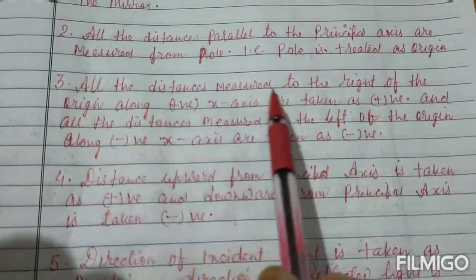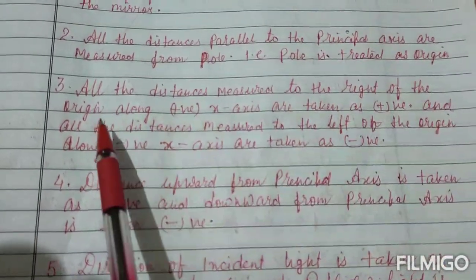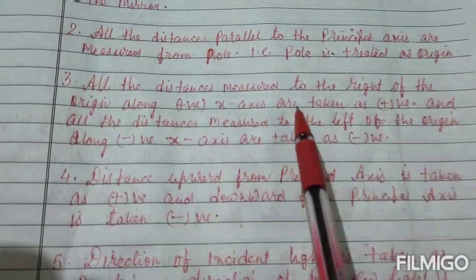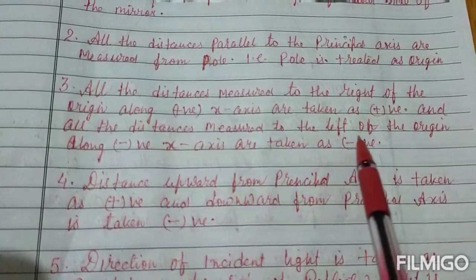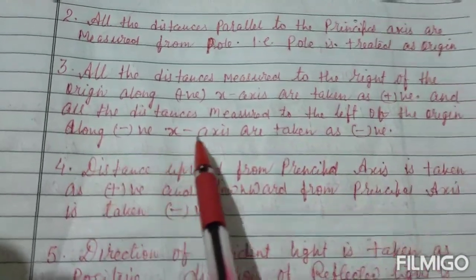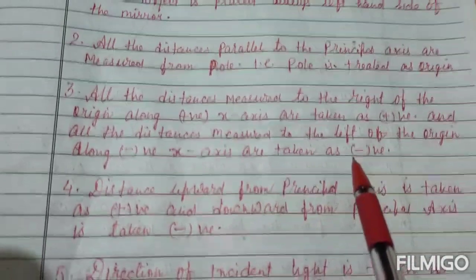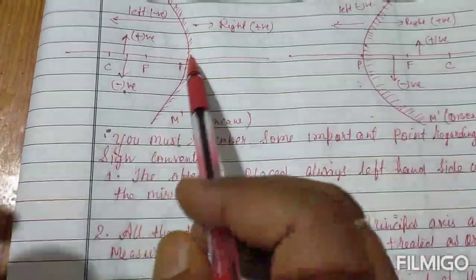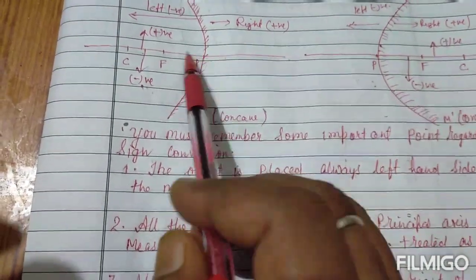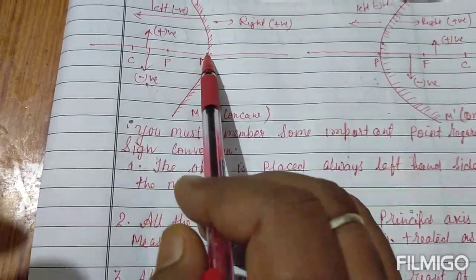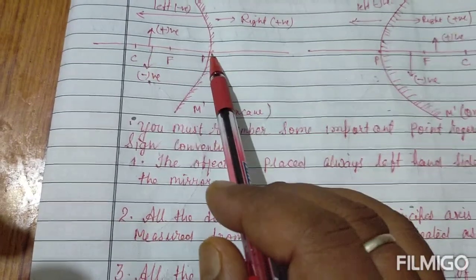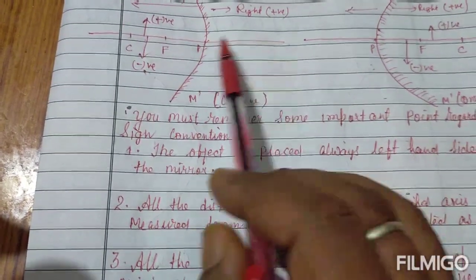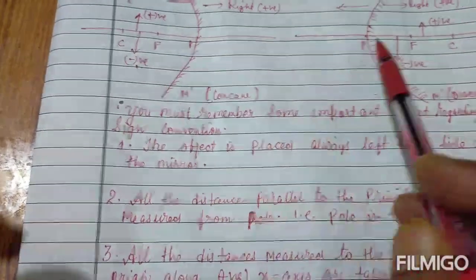All the distances measured to the right of the origin along the positive x-axis are taken as positive, and all the distances measured to the left of the origin along the negative x-axis are taken as negative. Already I have told you, this is the origin, negative from the left-hand side, that is, on this side there will be negative. Right-hand side means on this side there will be positive.